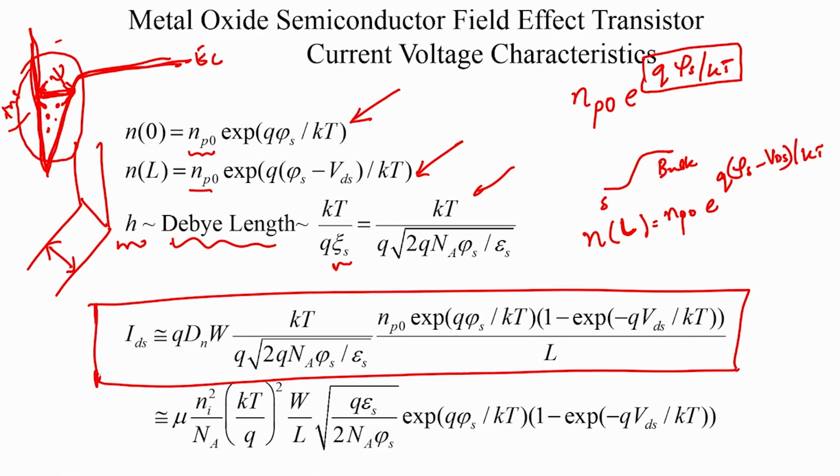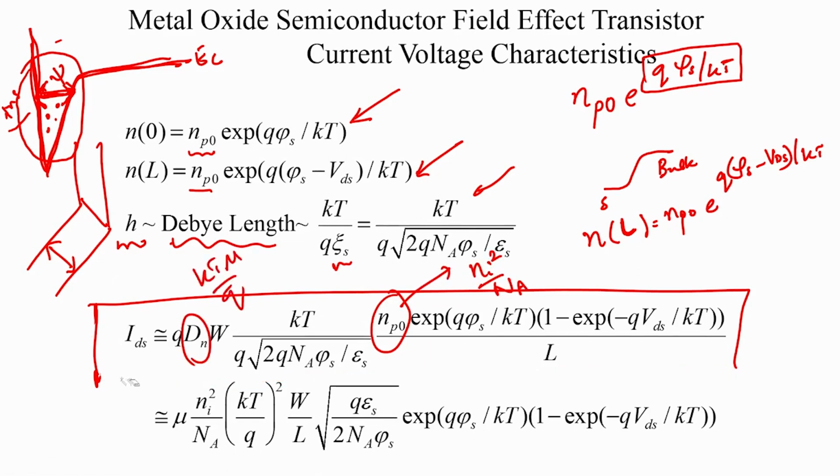Now, if you take NPO and say it is nothing but Ni square by Na, and if you say that Dn is kT mu by q, you can rewrite this expression in this particular form.